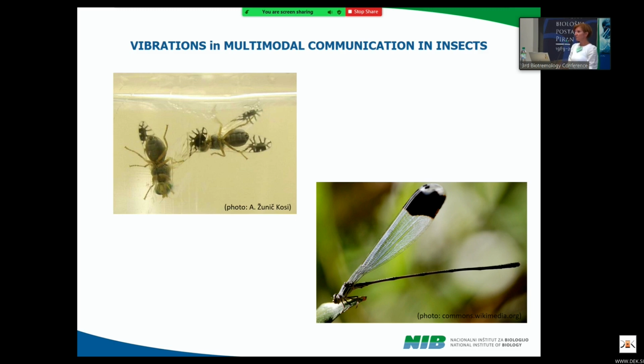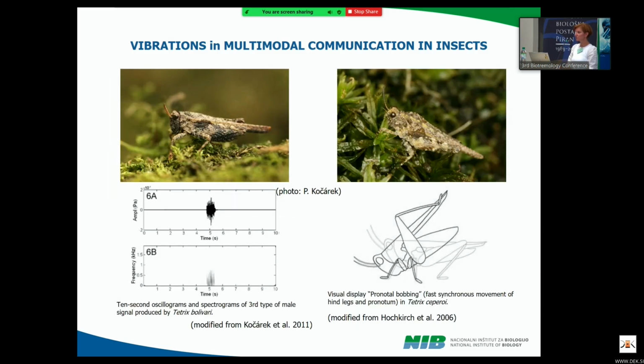They move their body parts, for example wings, legs, abdomen, or antennae, and sometimes by doing these visual movements, they would also independently produce signals that are induced in the substrate, that is, vibrational signals. And this is the example from the pygmy grasshoppers.